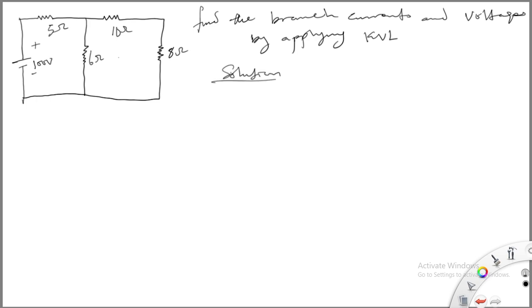I'll still use this particular diagram. I'll say our current I flowing in here this way. Remember, this is positive, this is negative, so always positive starting here, negative drop. This is I1 flowing this way. This example, let me complete this so that we start solving.